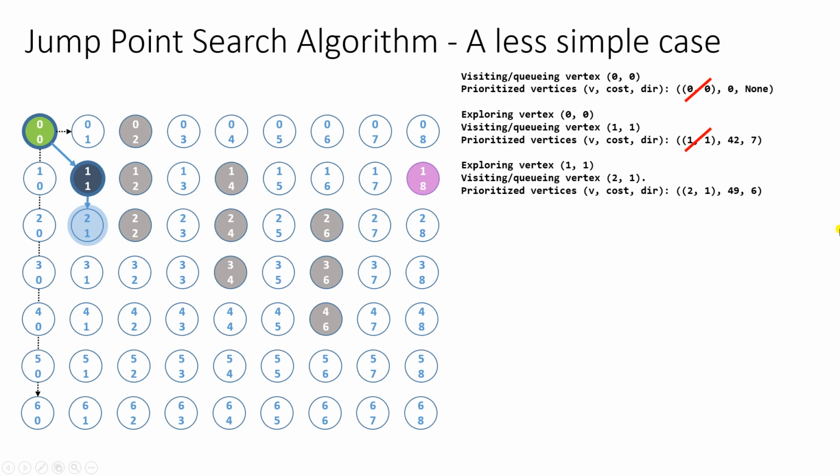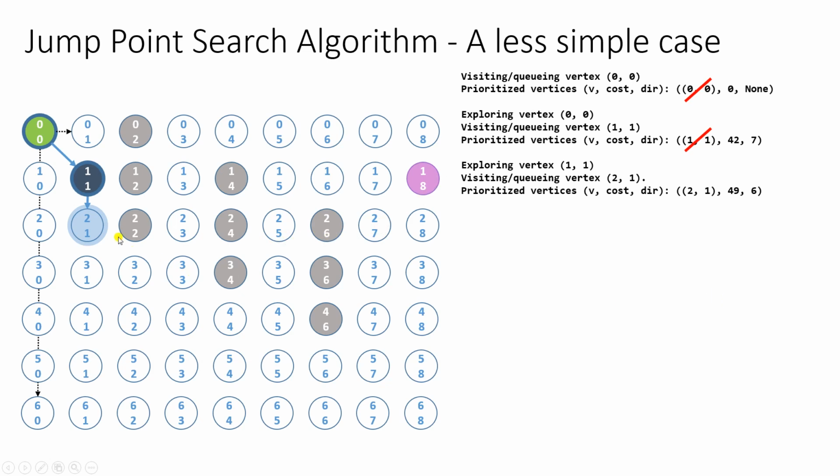Okay, so now you know how to calculate the cost of a vertex when you're putting it into the priority queue. You're always trying to go straight as far as you can and then diagonally to the goal vertex. Okay, let's go to the next one.